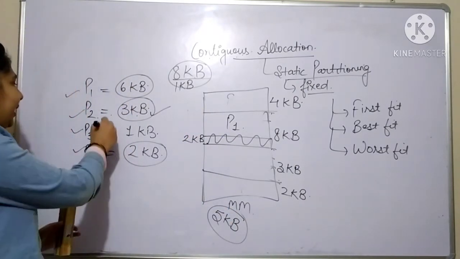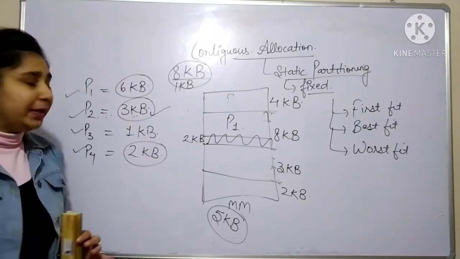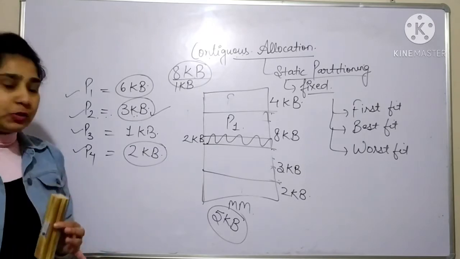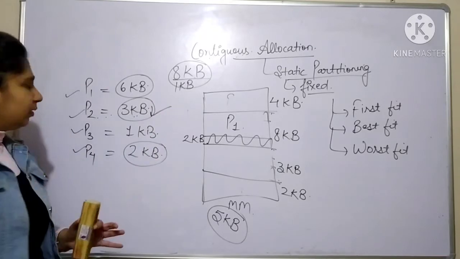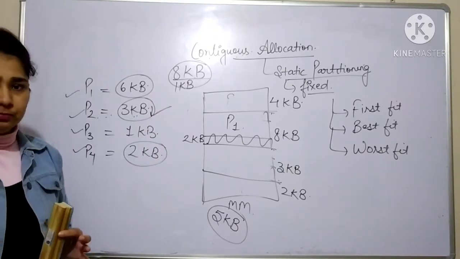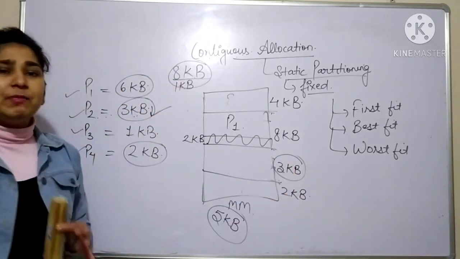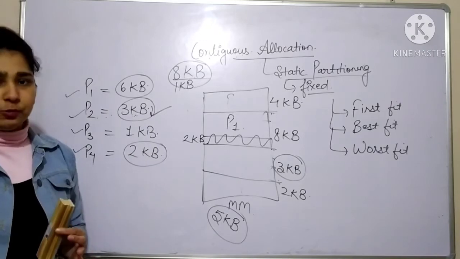Next process we have is P2. The size of process P2 is 3 KB. So which is the best partition to save process P2? This 3 KB partition is the best partition to save the process P2.